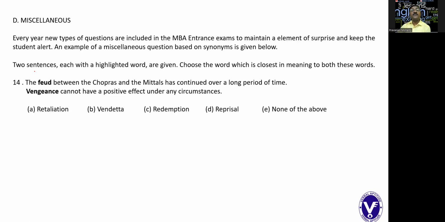Feud means a violent fight. A violent fight. It is generally a physical one. Vengeance cannot have a positive effect under any circumstances. Means again a violent fight, or a violent, aggressive stance cannot have a positive effect under any circumstances. So now we have to find a word which is closest in meaning to both these words.